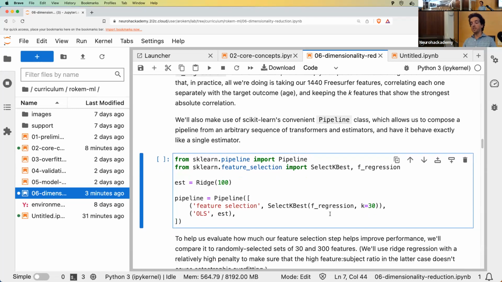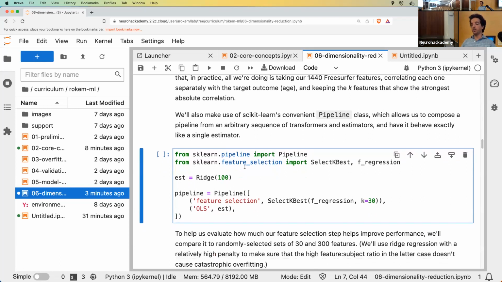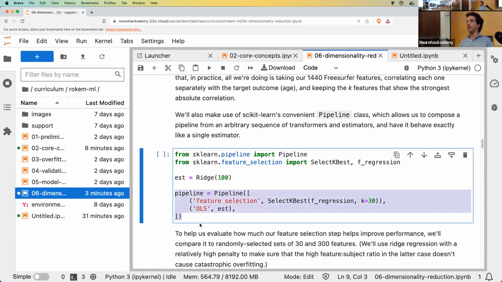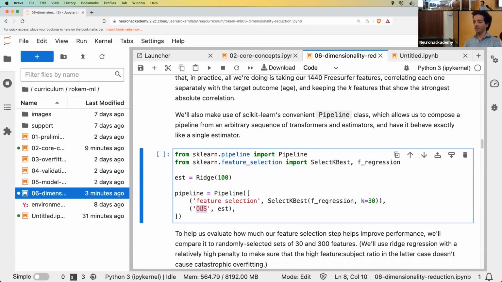So this is a pipeline that does this. Again, using this pipeline construct is really helpful because when you're doing cross-validation, you can't separate your feature selection from your regression. They're bound together. In this case, it's not ordinary least squares, this is Ridge.